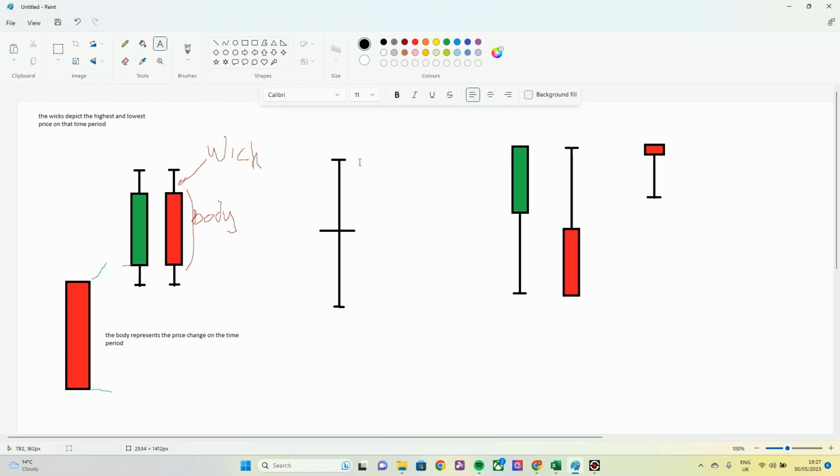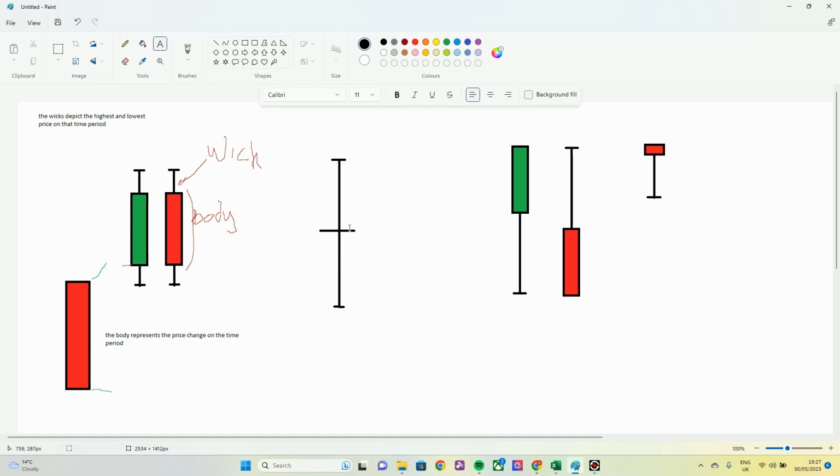So now we go on to this one. Now you can see that there is no body, or what looks like no body, when in actual fact this bit here is the body. And obviously you can see that it's got quite long wicks.